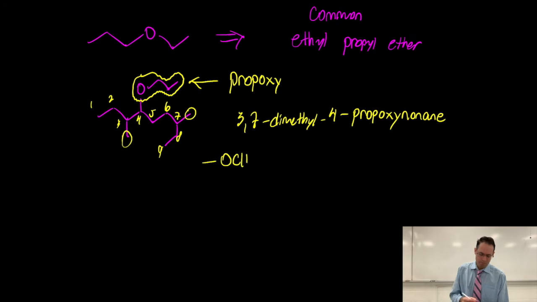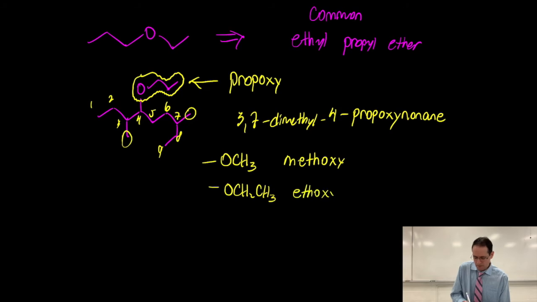Okay? So let's just review here briefly. We would call this a methoxy. 2 carbons is ethoxy. 3 carbons is propoxy.